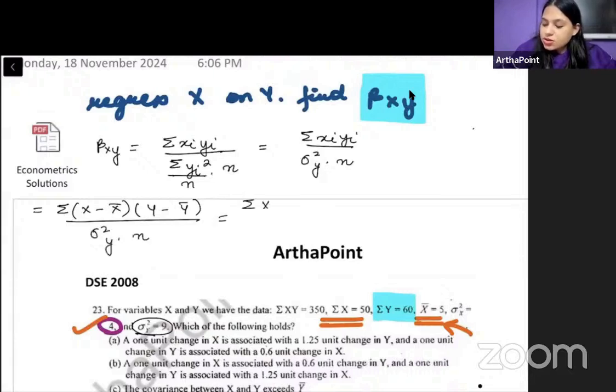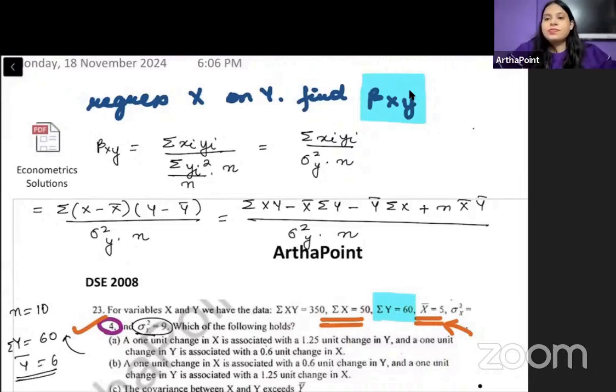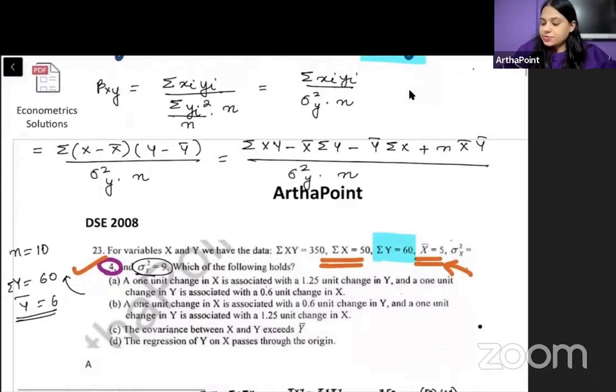So summation xy minus x bar summation y minus y bar summation x plus n x bar y bar, upon sigma square y into n. We have already found out the number of observations is 10. Summation y is given as 60, so the mean of y is 6. Plug in these values, try to find the answer. Go ahead.